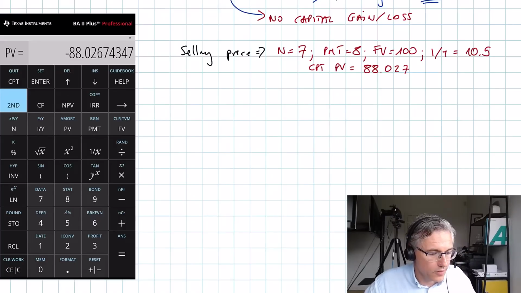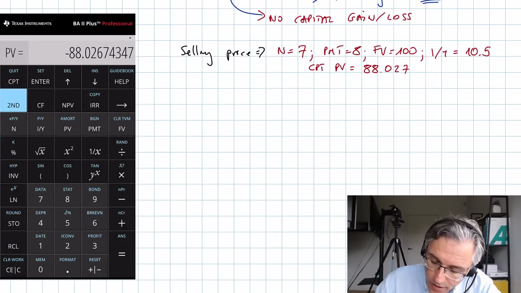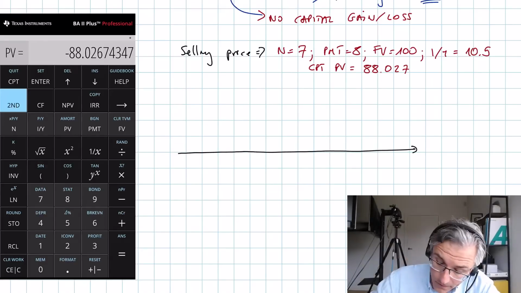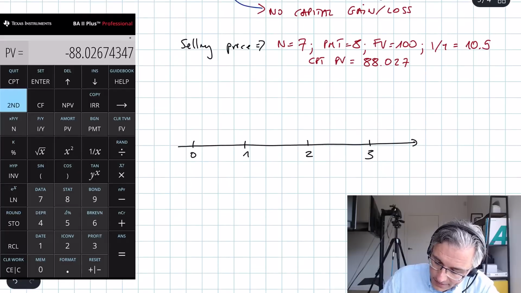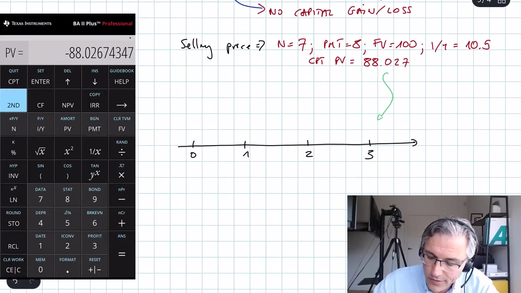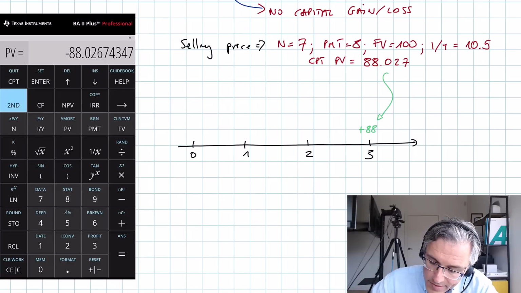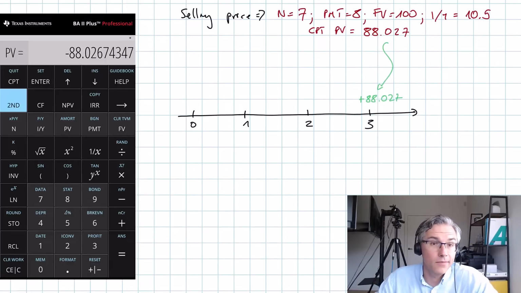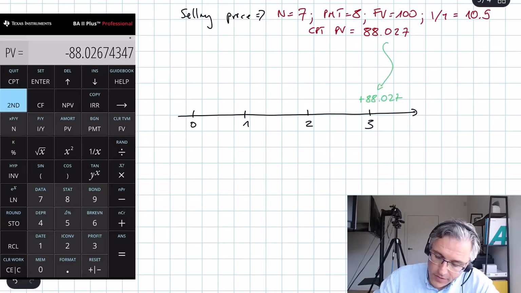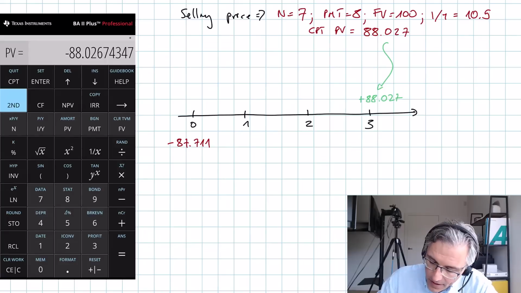Okay, let's think about what happens on the timeline to our horizon yield. Just like before, we're going to use the same sort of approach. So I'm drawing a fresh timeline over here. Time 0, end of year 1, end of year 2, end of year 3, and this 88.027 is what we receive at the end of year 3 from selling the bond. Of course, initially we paid that price of 87.711, and in the meantime we get these coupons.